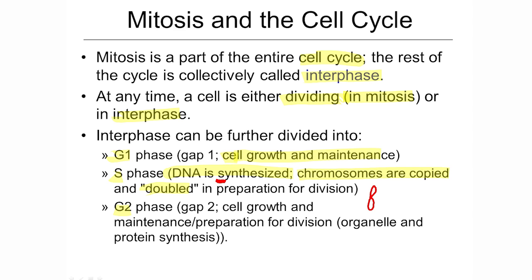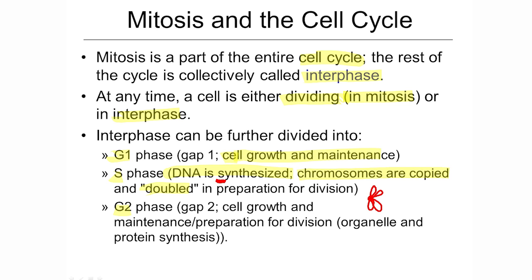I'm not at all a good artist, but before S phase, if you could visualize a chromosome in this way, it would look like that. Not really, but this is the idea. After S phase, that chromosome is doubled and it takes on this appearance of looking like an X, which is the way we're so used to seeing them.